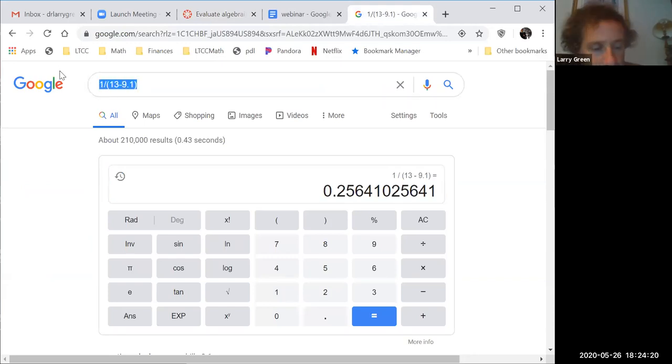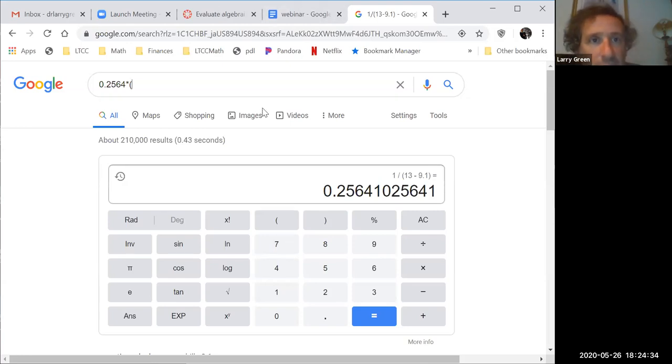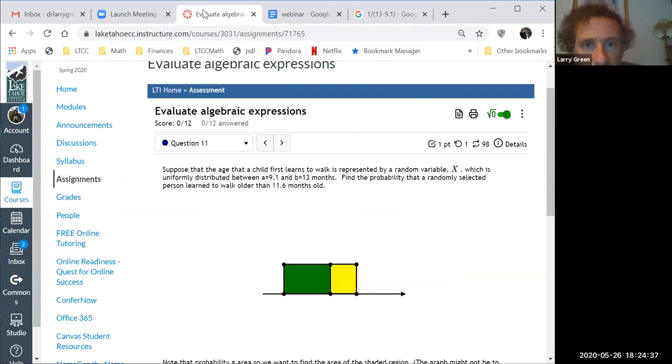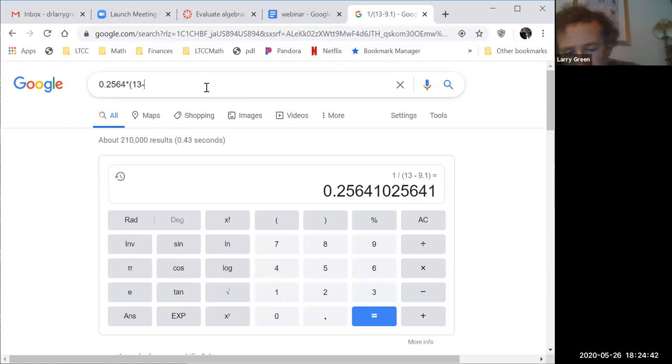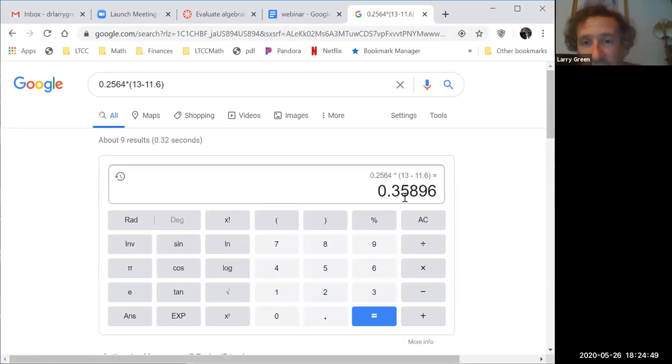So there's the height times 13 minus 11.6. And you get 0.3590. Okay, so let's pop it in.